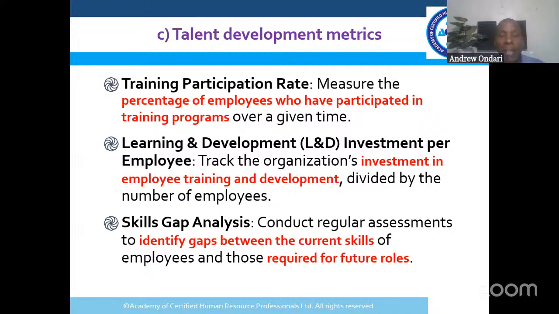And last, we can develop people through special assignments. So those are the areas that we should be measuring when we are auditing talent management. So we start with the first one there, that is training participation rate.